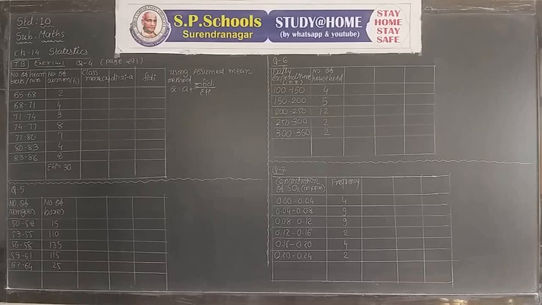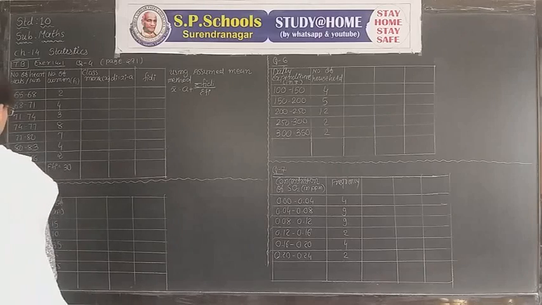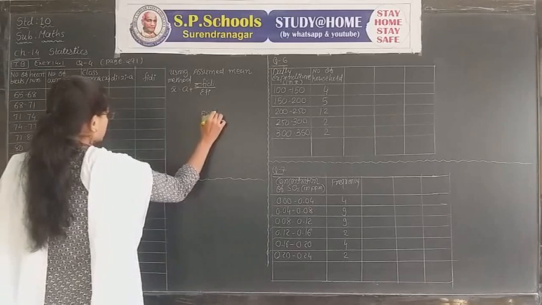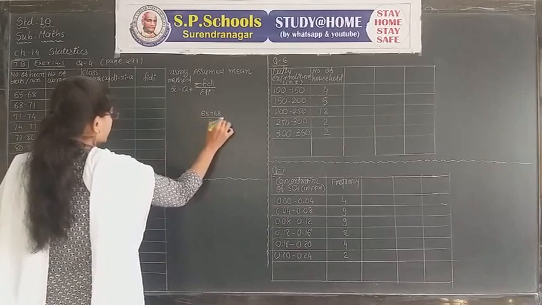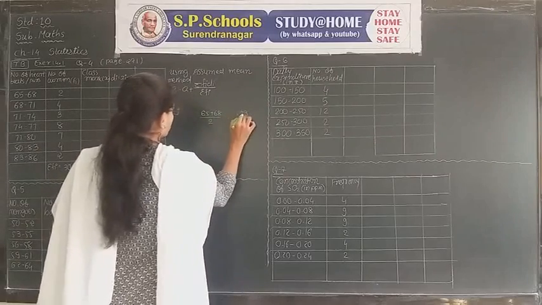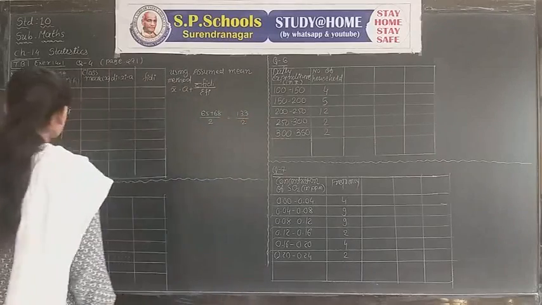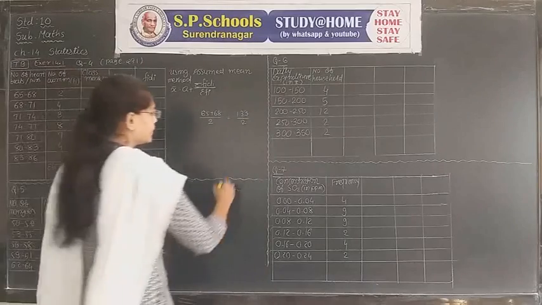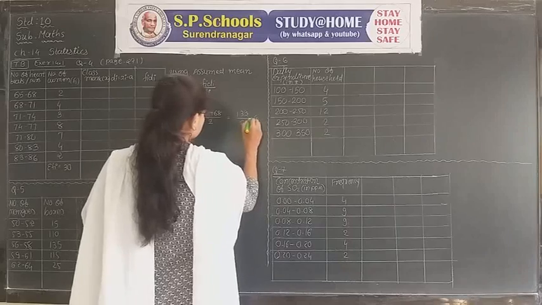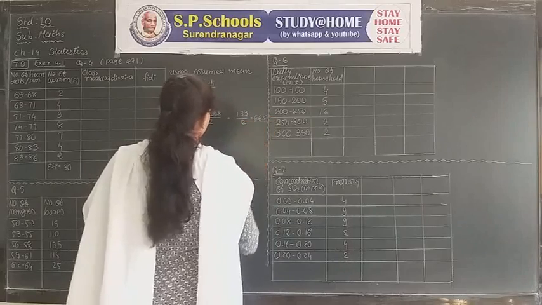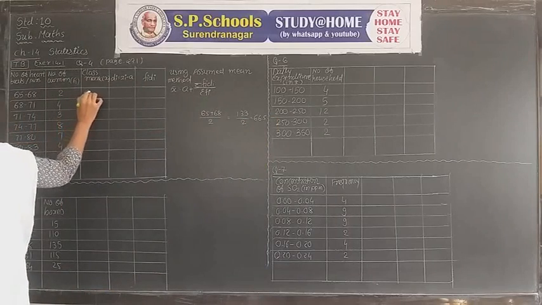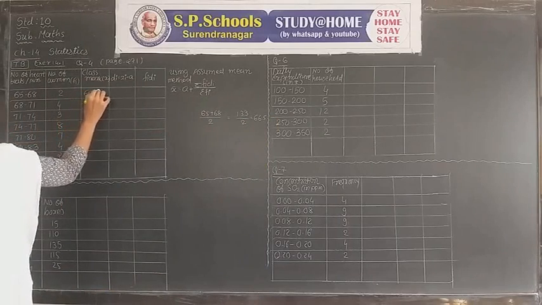First of all, we need to find the class mark for the first class interval. 65 plus 68, divide it by 2. 133 upon 2. 133 divided by 2 gives us 66.5. The 66.5 is the class mark of the first class interval.